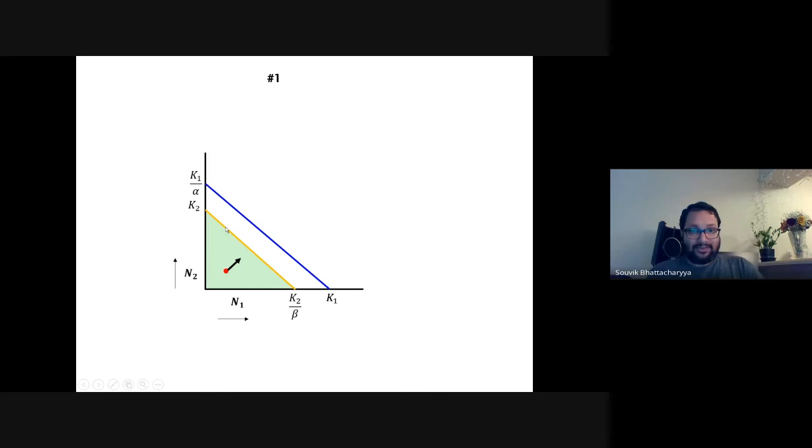Then there is a second scenario where the blue line is on the top and the reverse is going to happen. In this scenario, both the species are going to win. In this scenario, both the species are going to lose and will try to come to this equilibrium.